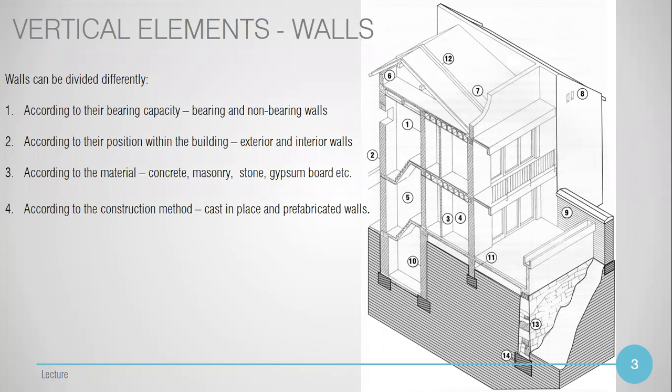Because it all depends on many positions, like the location of the building, the seismicity of the region, the height of the building, the constructional system of the building, the applied type of material, and so many other positions. Only by solving all of them can the method of construction be chosen.